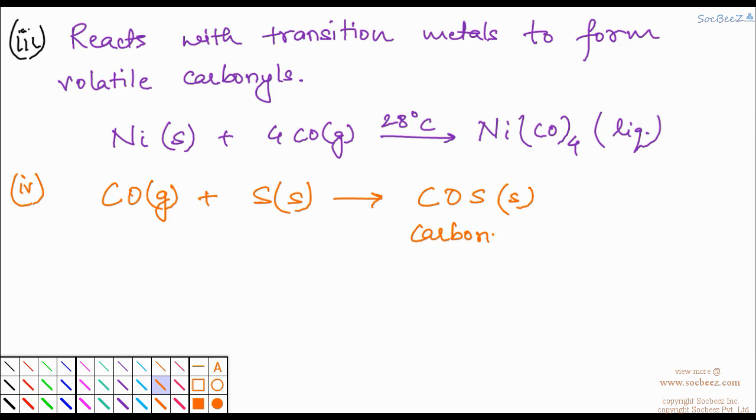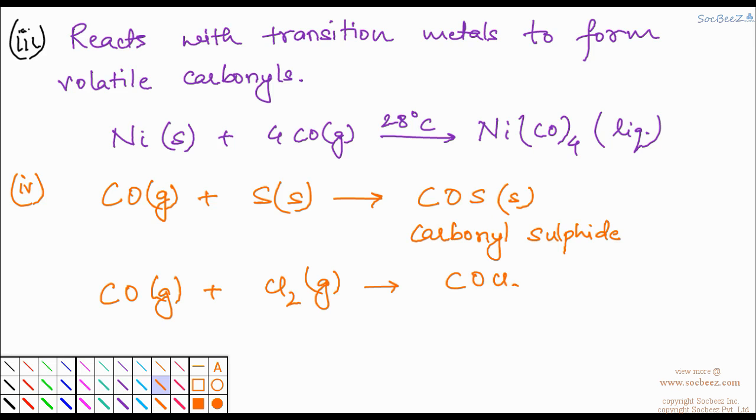This compound is carbonyl sulfide. Similarly, carbon monoxide reacts with chlorine gas to form phosgene. This is phosgene, carbonyl chloride gas.